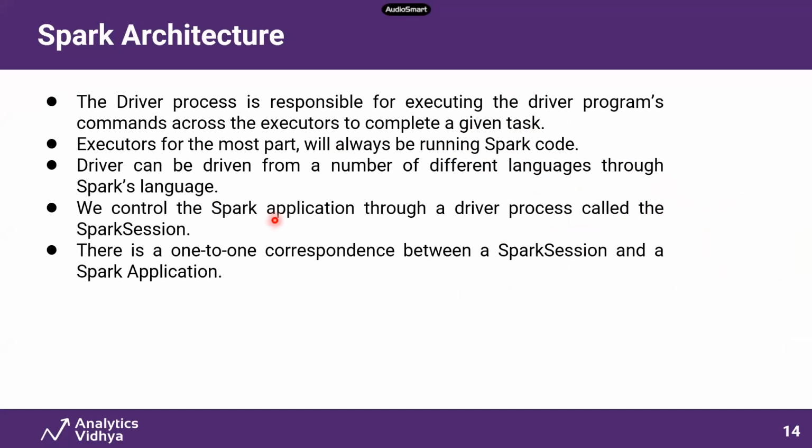In the initial versions of Spark, there was the Spark context, which did the same thing that the Spark session does. However, with the latest enhancements, the Spark session also came into existence. Even the Spark context is not deprecated; it is still in use along with the Spark session. There is just one difference: the Spark context works with the low-level API, and the Spark session works with the high-level API.